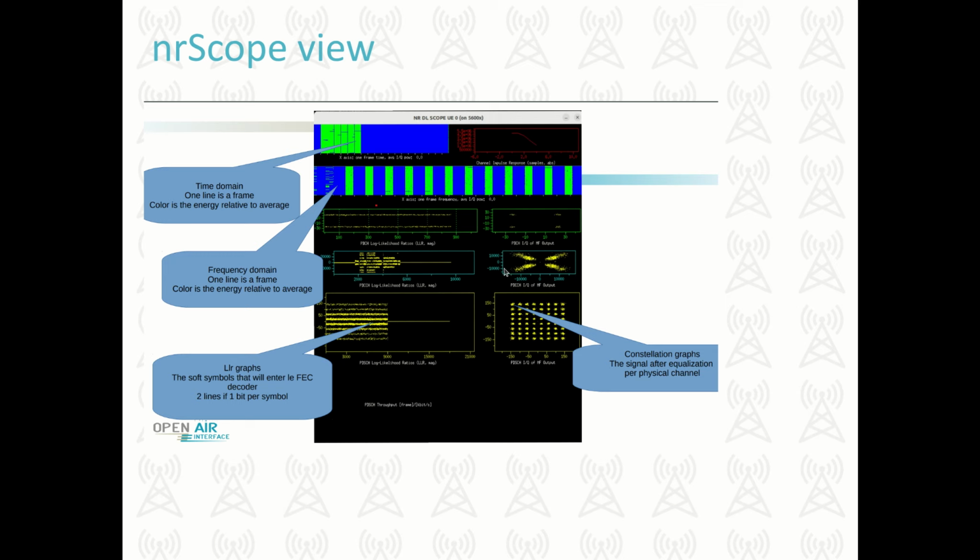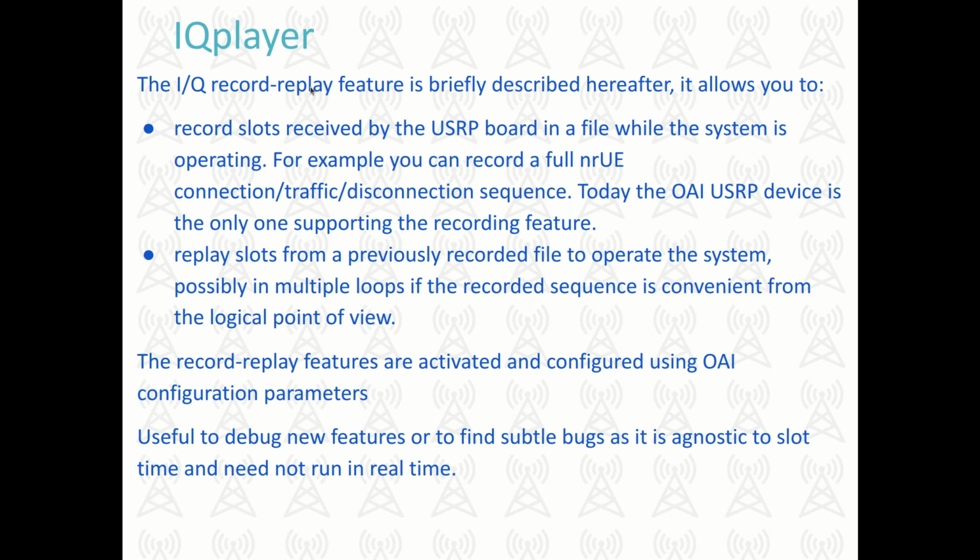Basically, at the L1 level you can look at your eye diagrams, the LLR graphs, frequency domain and time domain signals, all that. The IQ player, same thing I talked about, is that you can record slots received by the USRP board.